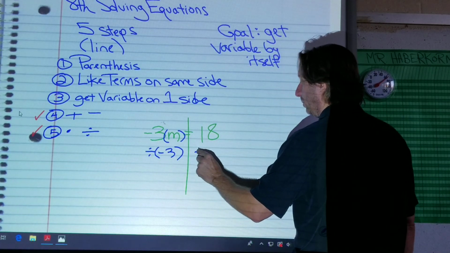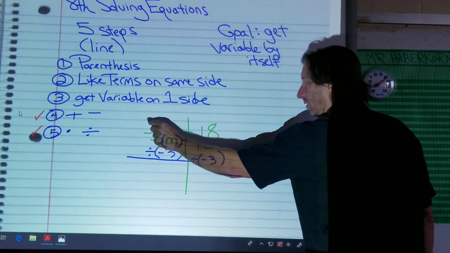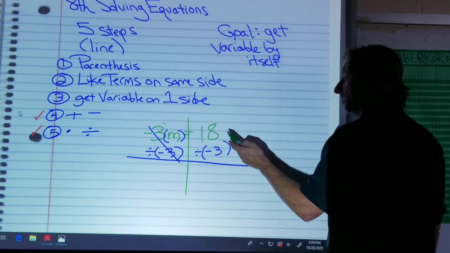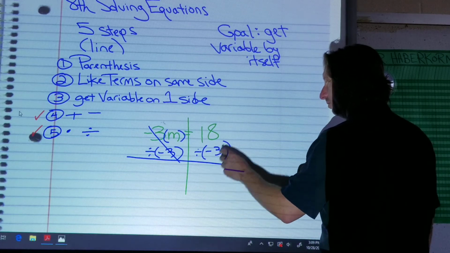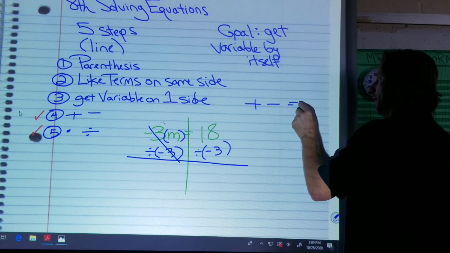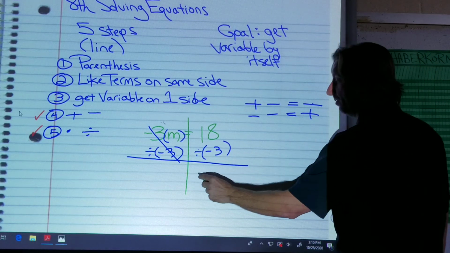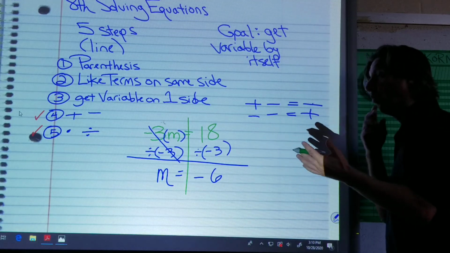We do that to one side, we have to do that to the other. Negative 3's cancel out. 18 divided by negative 3. What's a positive divided by a negative? It's a negative. Positive divided by a negative is a negative. Negative divided by a negative is a positive. So we end up with a negative 6. And that's our m. So that's a 1-step equation.